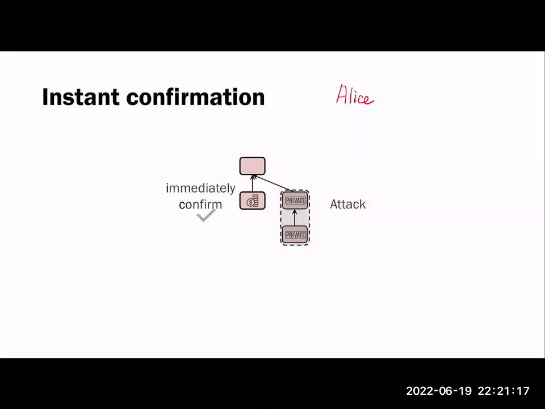Under this rule, under immediate confirmation, Alice pays Bob 1 Bitcoin. Bob confirmed immediately and gave the car to Alice.